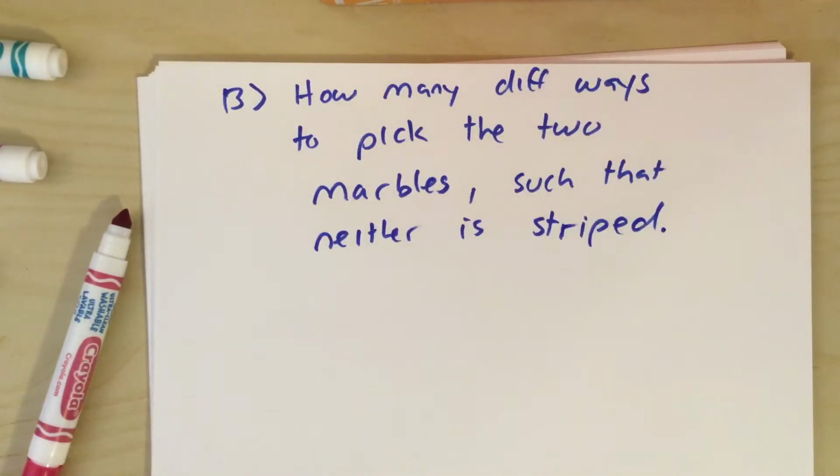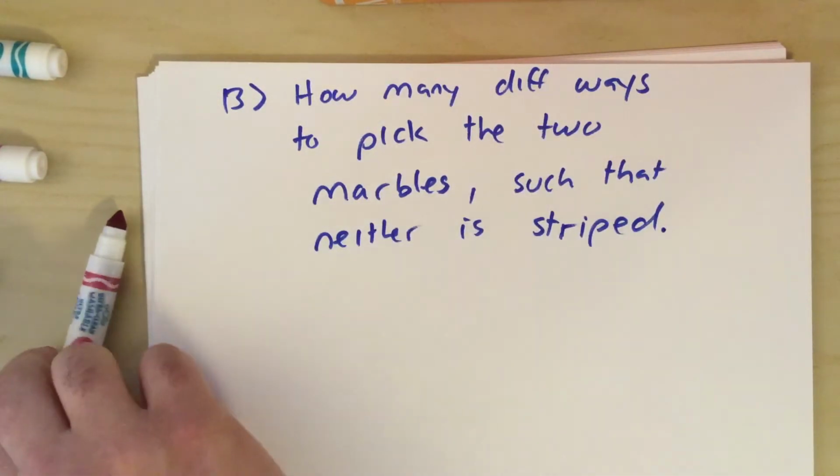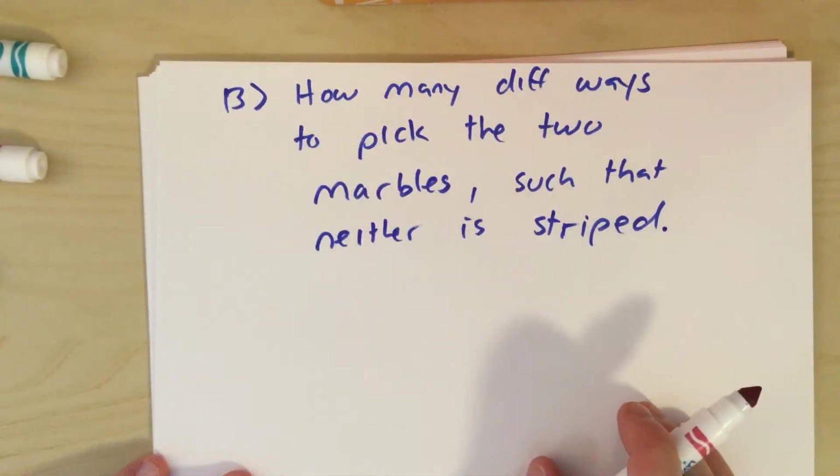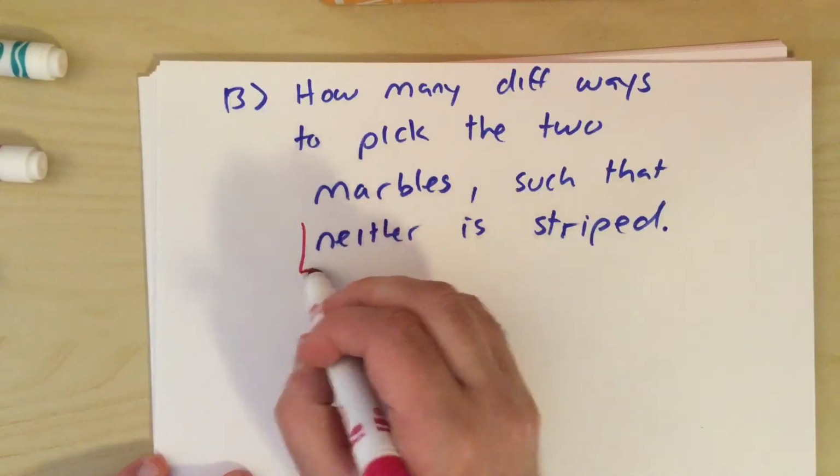Now we're going to have to start interpreting language. So in this particular question, again, I would say pause the video, see if you can figure it out yourself. Now we're picking it back up.